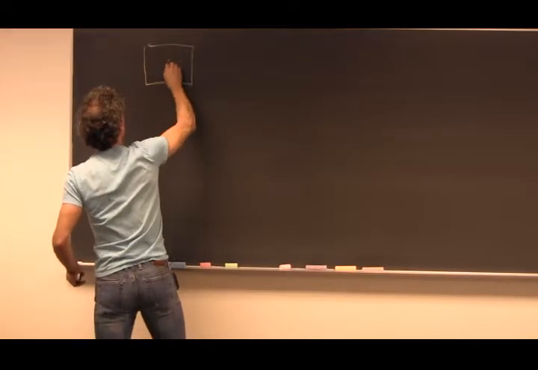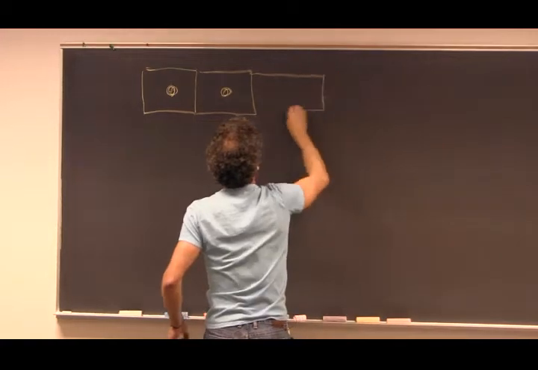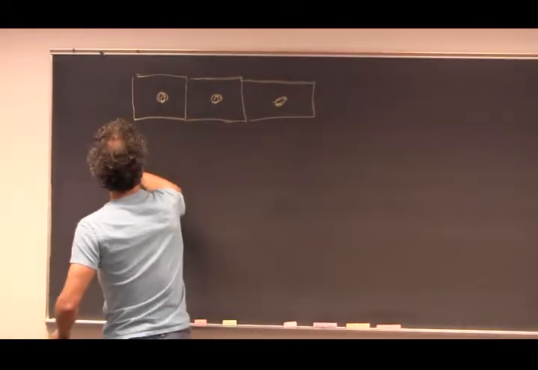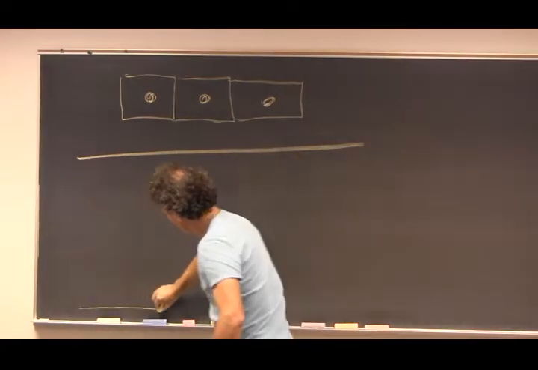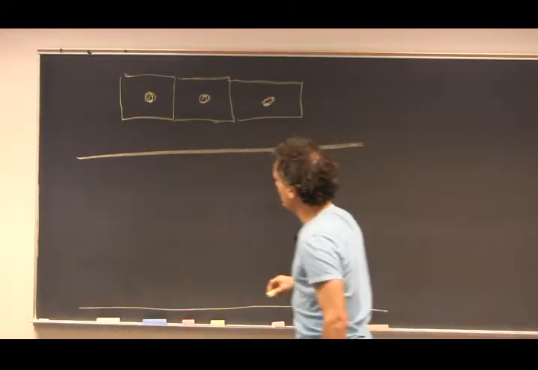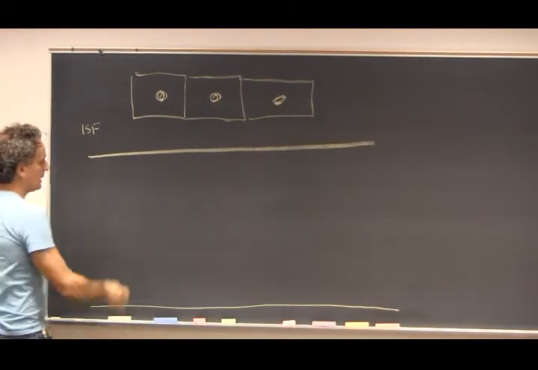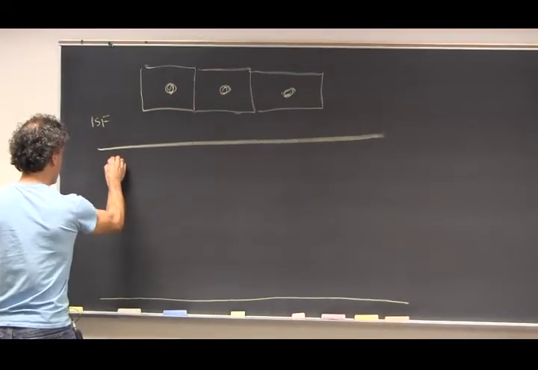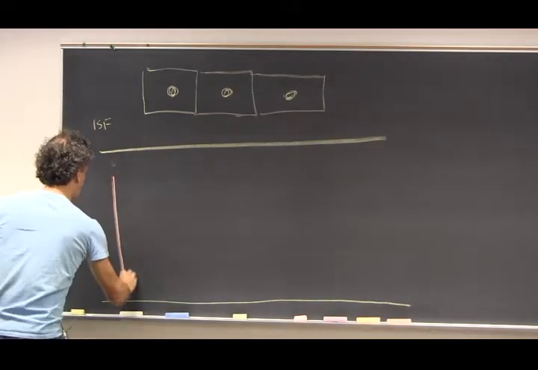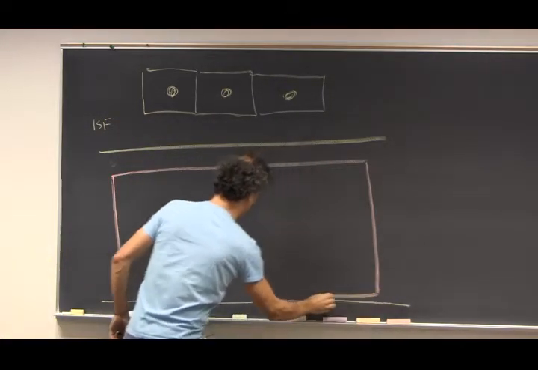So if these are tissue cells, this is the interstitial fluid, and here we have a capillary, and in the capillary we have obviously plasma and a red cell.